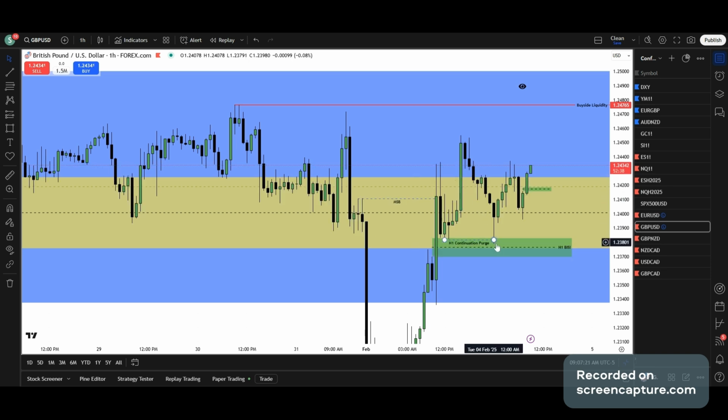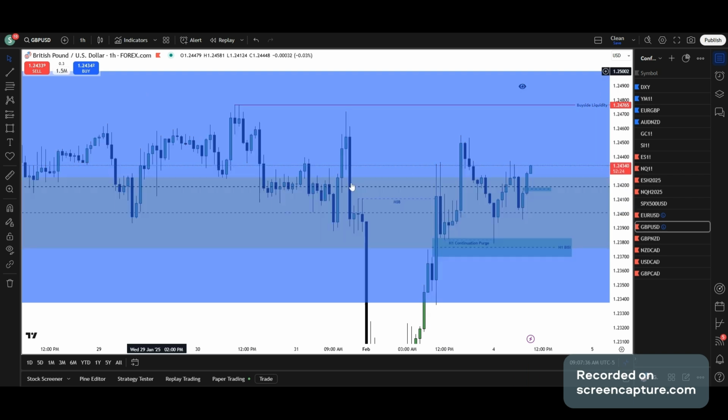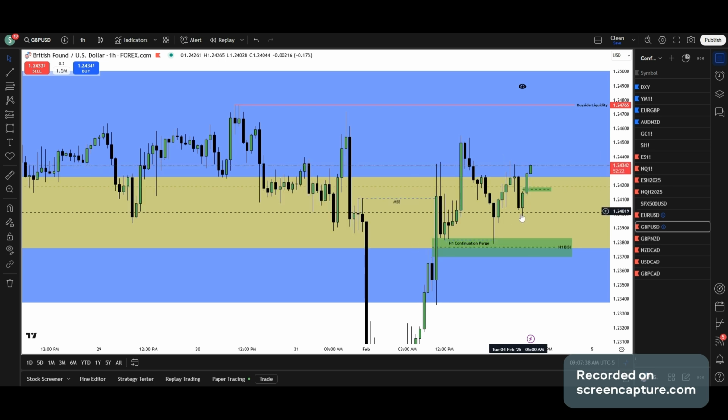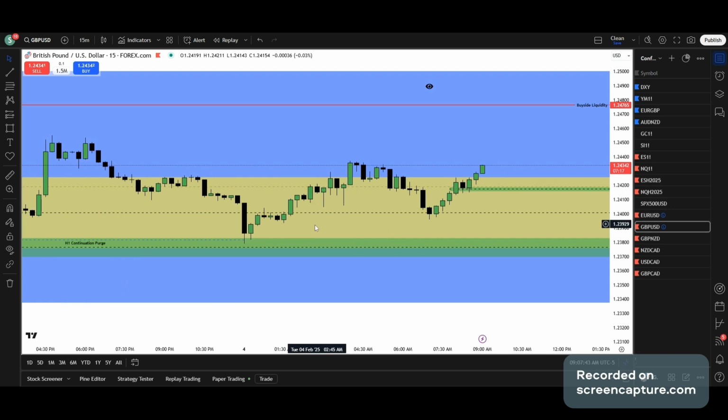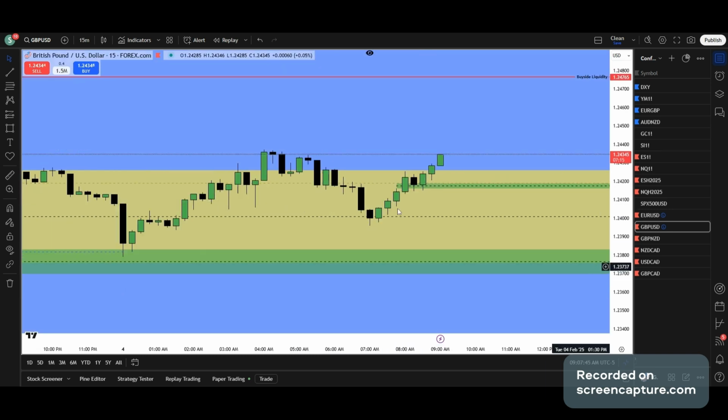However, I wasn't available to trade during this time to catch this turtle soup for the continuation purge. And I also wasn't up to push a button at 7 a.m. this morning. So instead, after we hit OTE, you could drop down to the 15-minute time frame. Or in my case, I used the 5-minute.